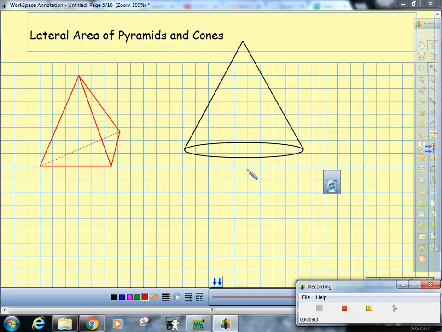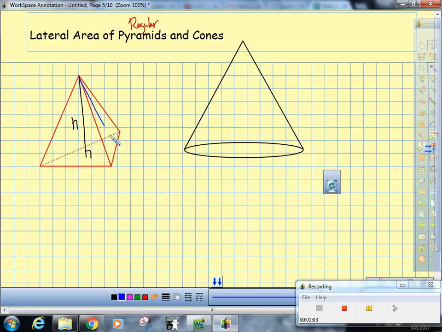Okay? So these are regular pyramids. If they're not regular pyramids, then the way you find lateral area is just add up all the sides, the area of the sides. So, a couple things here. One, this is the height of the pyramid, okay?